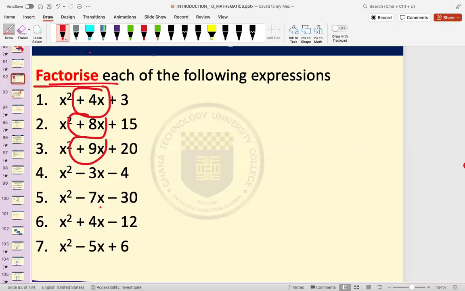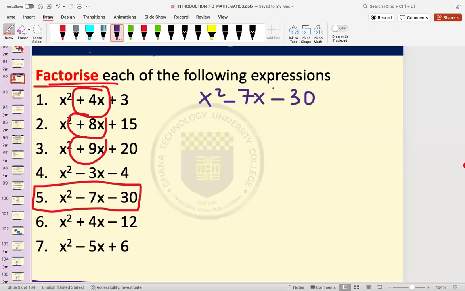So let's pick one of the negatives and work it out. And probably I would prefer number 5 because of the 30 I'm seeing here. So let's try and work out this one and see the result. X squared minus 7x minus 30.